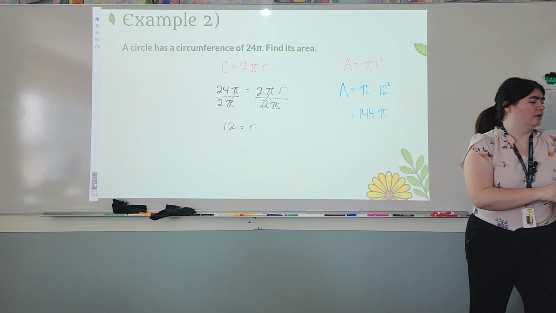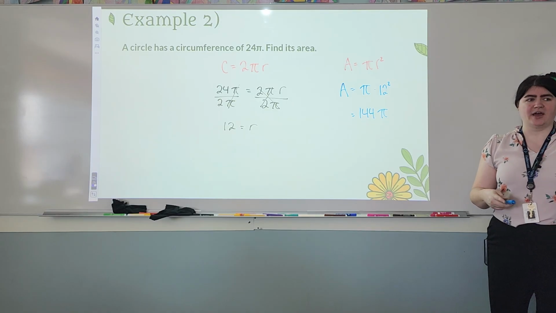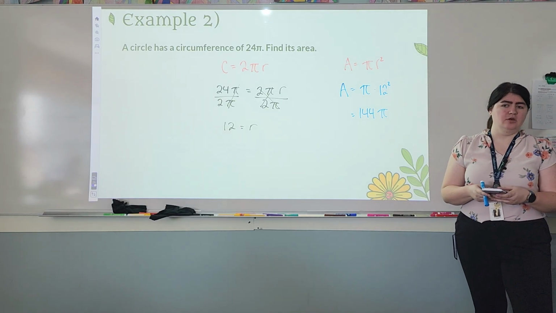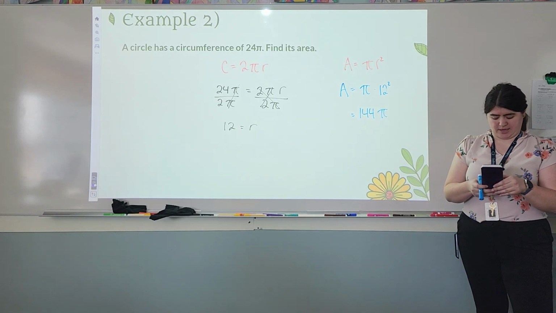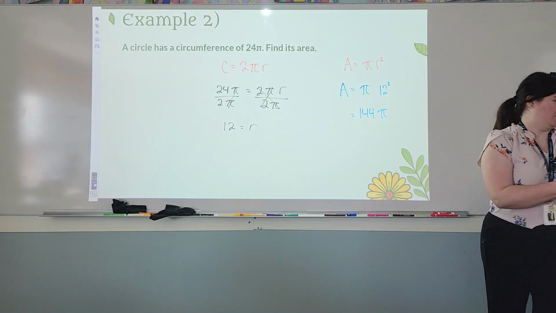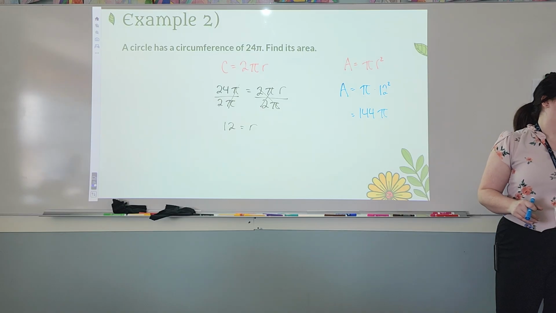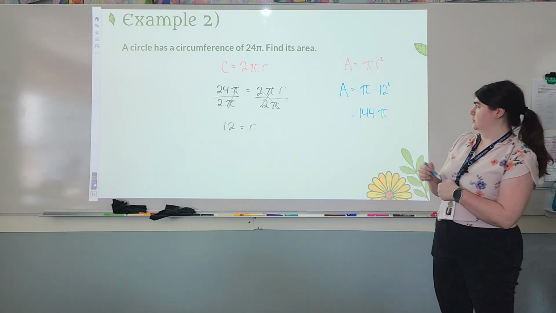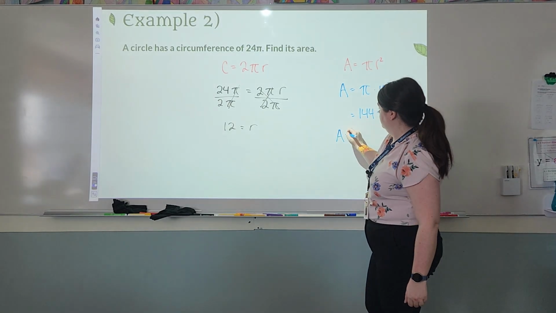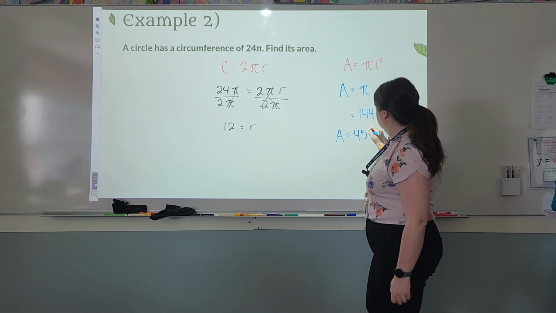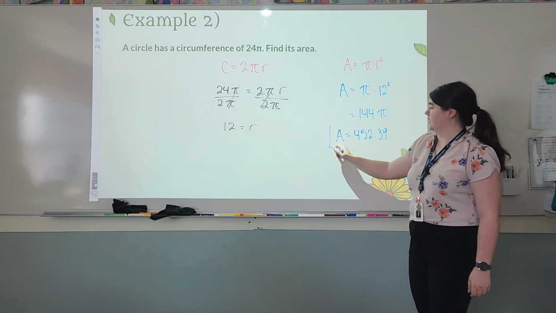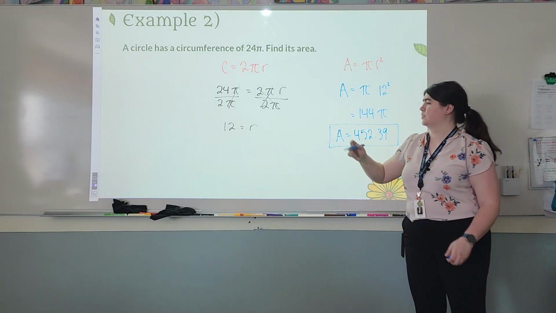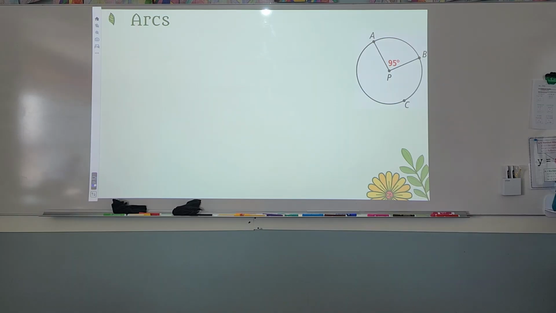And then because it does not specify to leave your answer in terms of pi, we're going to go with decimals. So anytime it does not specify, decimals is what we want. So I've got 452.39. And I did not give you any units on that one, so we're just going to leave it as is.